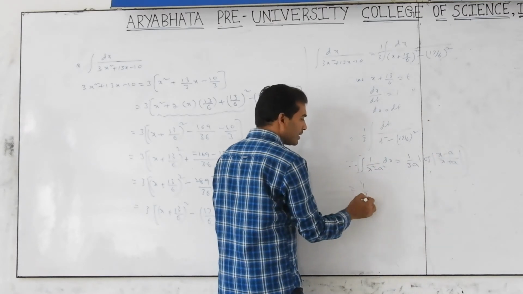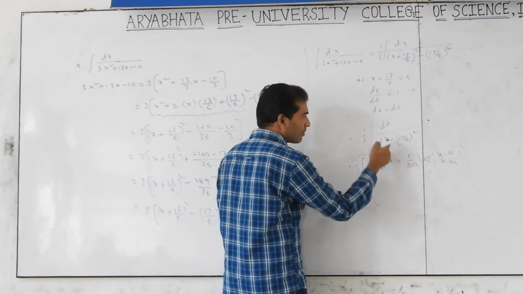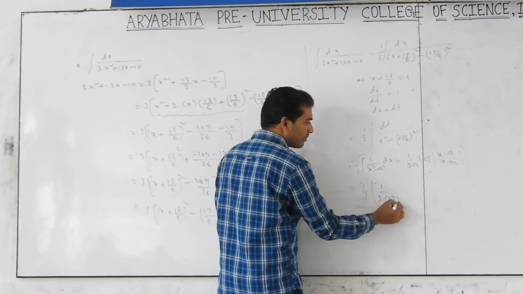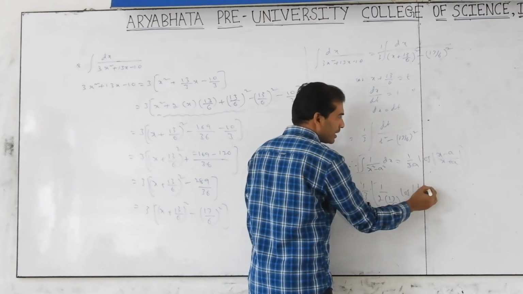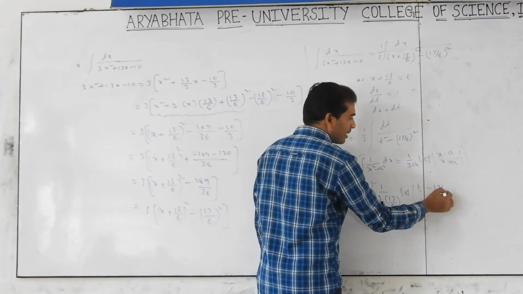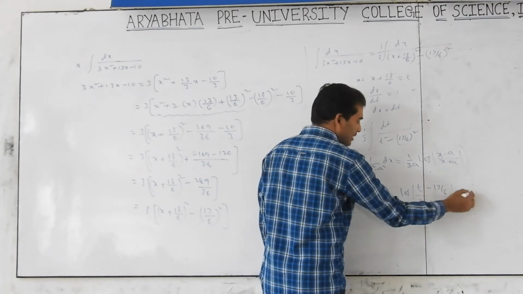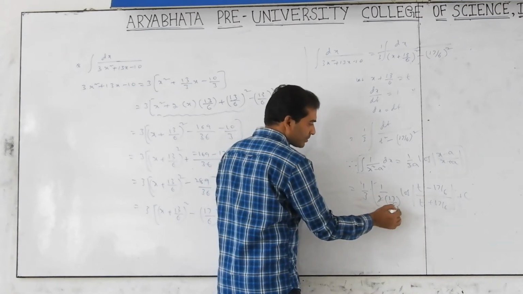So 1 by 3, use this formula: 1 by 2a, with a as 17 by 6, log of (t minus 17 by 6) by (t plus 17 by 6) plus c. Correct?